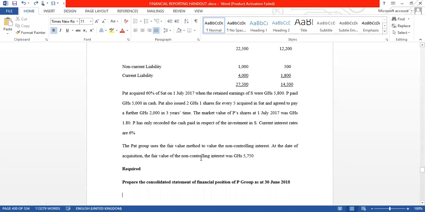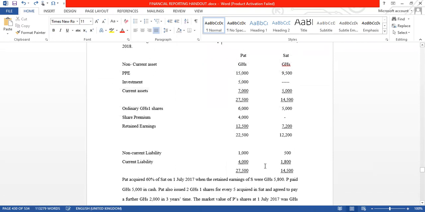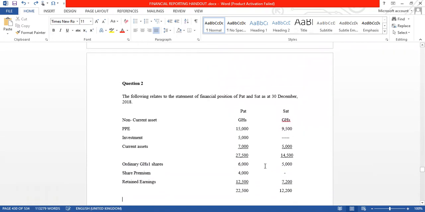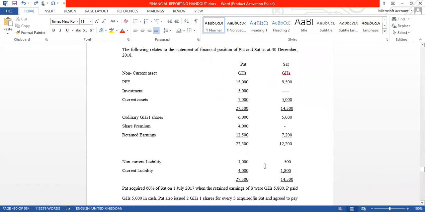We are meant to prepare the financial statements as at this date. Then it means that we may need to adjust something in the question, because they give us 31st December. Okay, we may need to adjust something in the question so that it befits what we are doing.